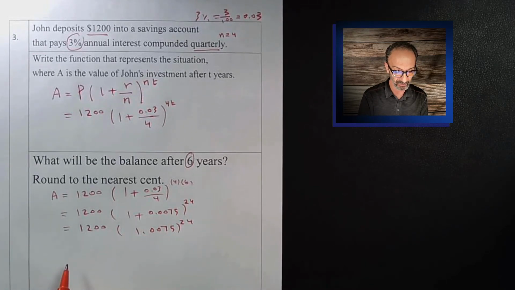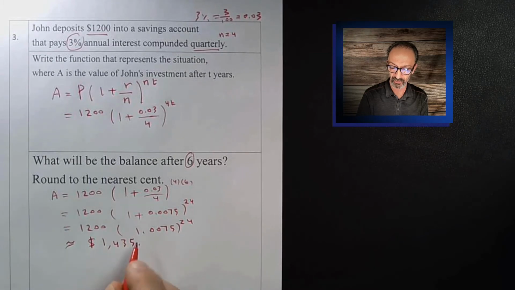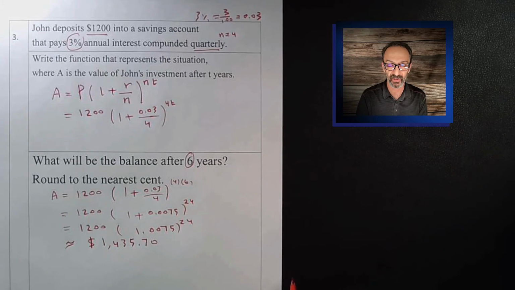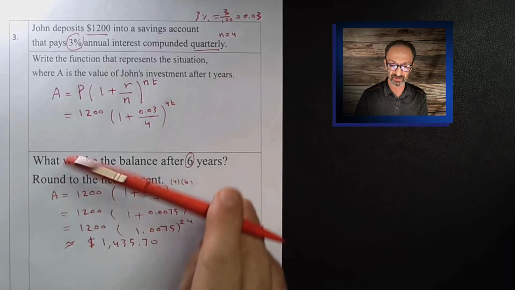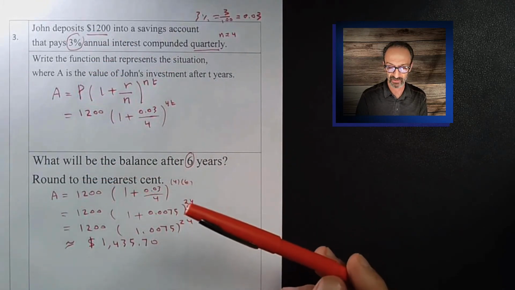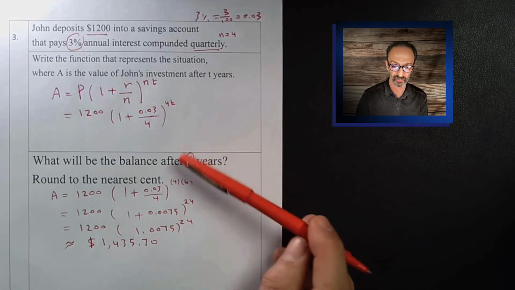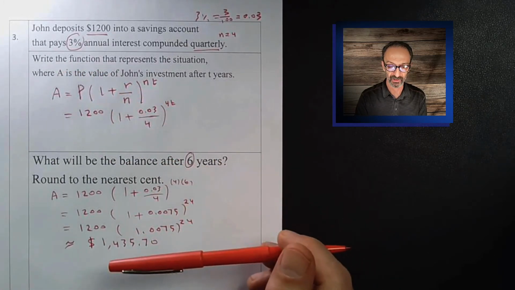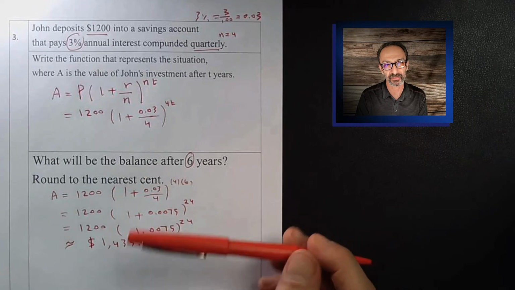Using the calculator, we end up with about $1,435.70. Of course, if you end up with a number way bigger than this, that means something is wrong, because you can't in 6 years with 3%, let's say double the amount or triple the amount.